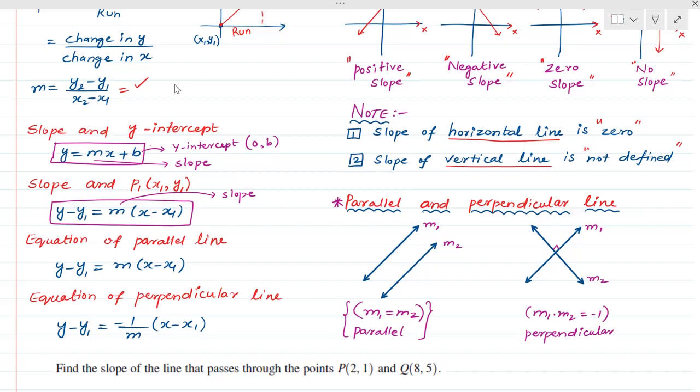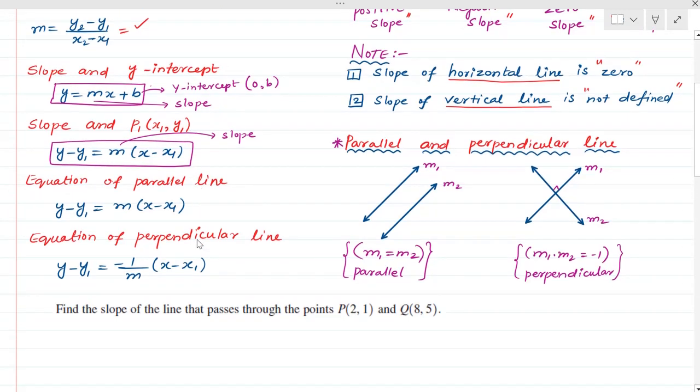The condition for parallel is that the slope must be the same. Whereas in the next one, the two lines intersect at a 90 degree angle, perpendicular. So what is the relationship between these two? m1 times m2 is equal to minus 1. If this is satisfied, we say the lines are perpendicular.